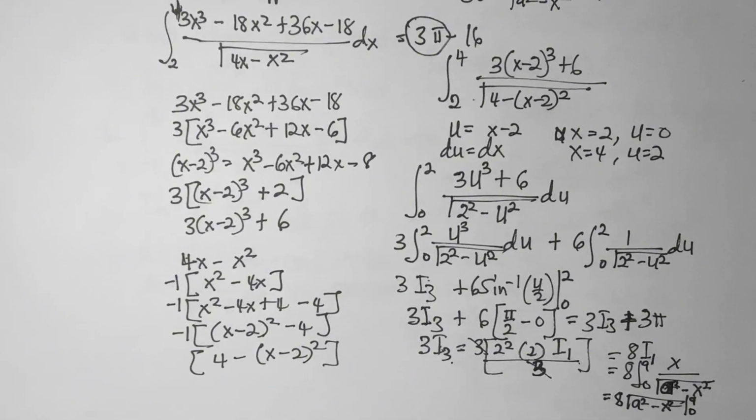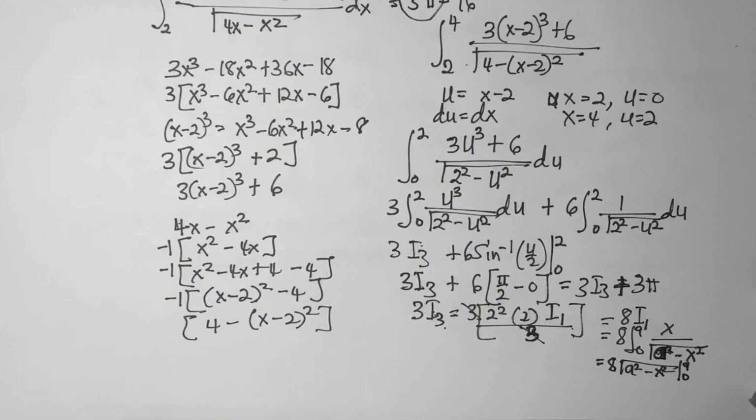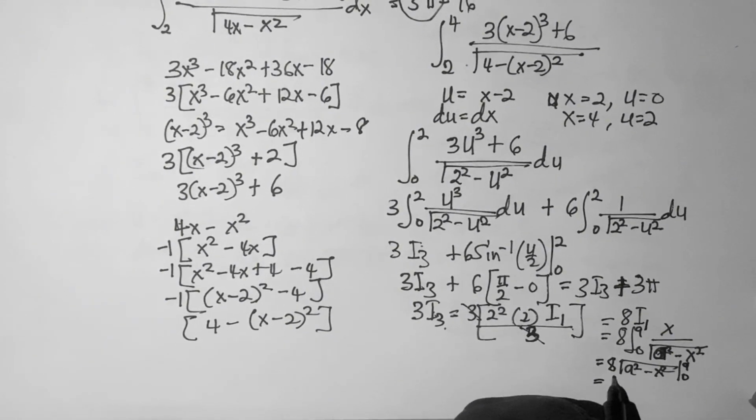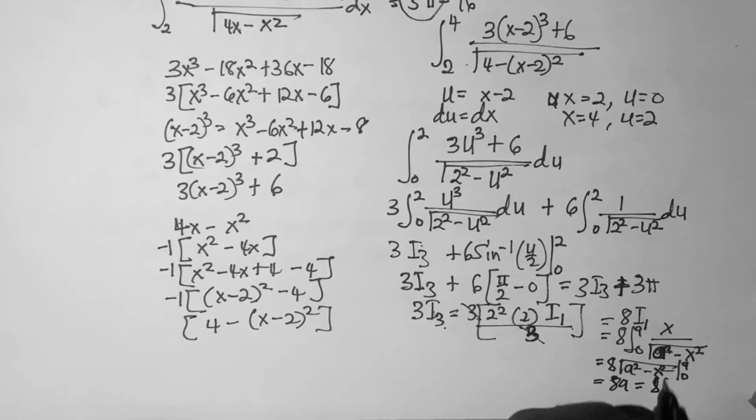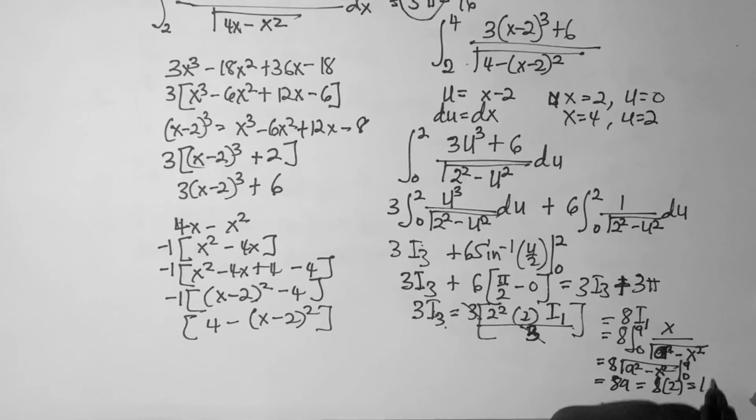But if we put in 0, we are going to get a. So this is the same as 8a, but a is equal to 2, and 8 times 2 is equal to 16.